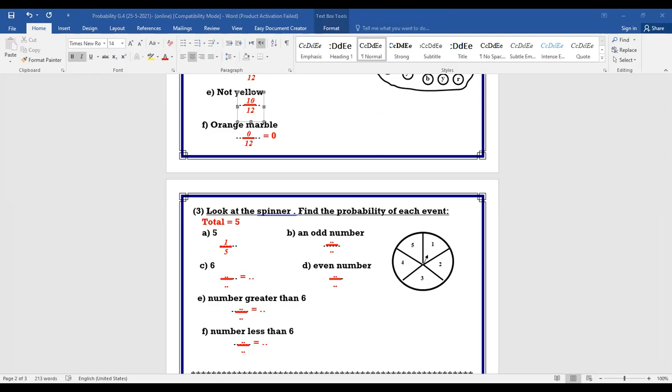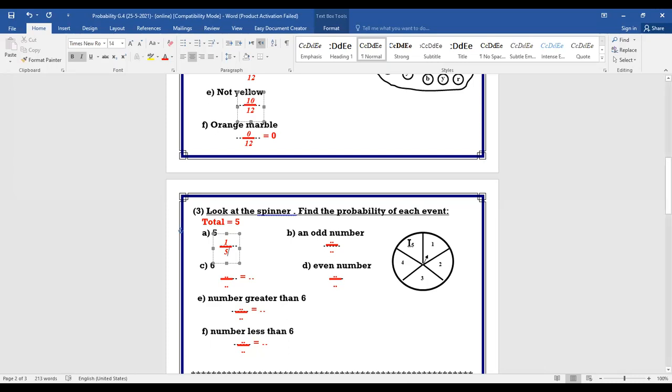Iyad Adel. An odd number. How many odd numbers do you have in this spinner? You know the odd numbers? Odd numbers start from 1 and skip a number, meaning you have 1, 3, 5, 7, 9, 11, and so on. They are the odd numbers.